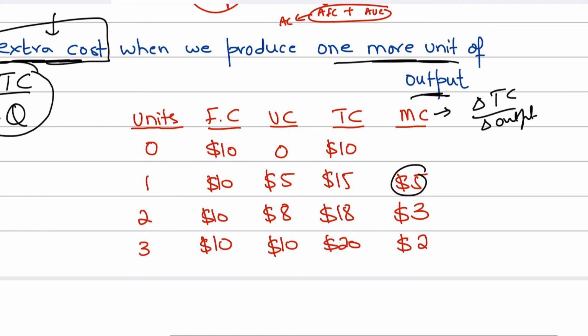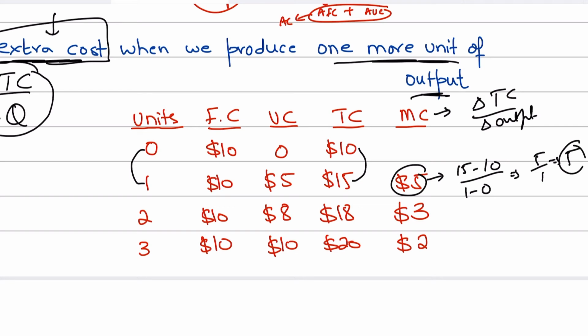How did I come up with the value 5? I did 15 minus 10, that is the change in total cost, divided by the change in the number of units, that is 1 minus 0. So the answer is simply 5. That's how I'm calculating marginal cost.